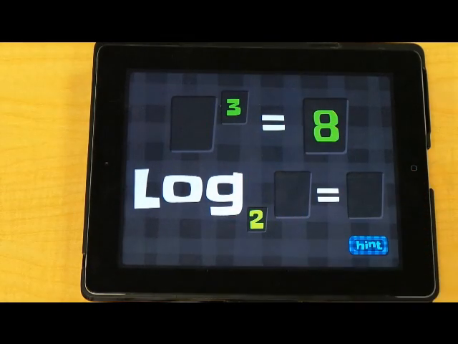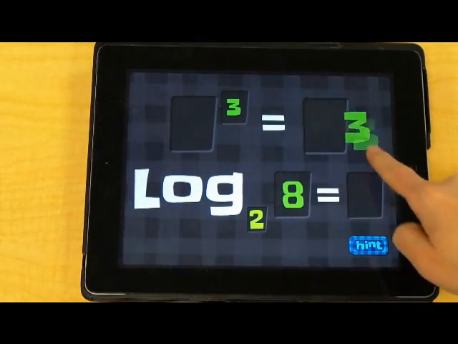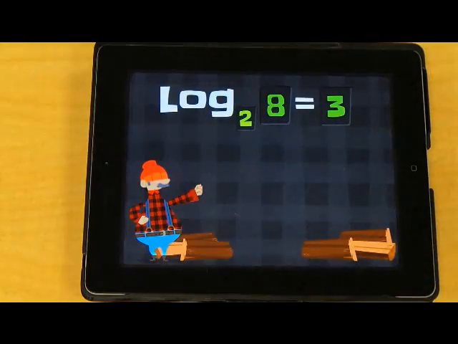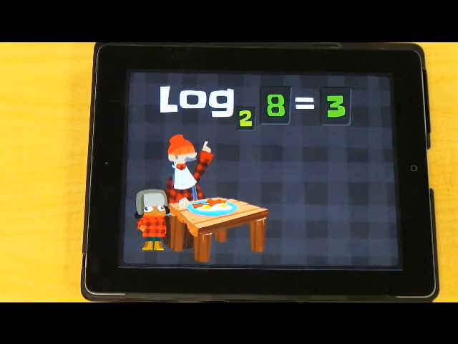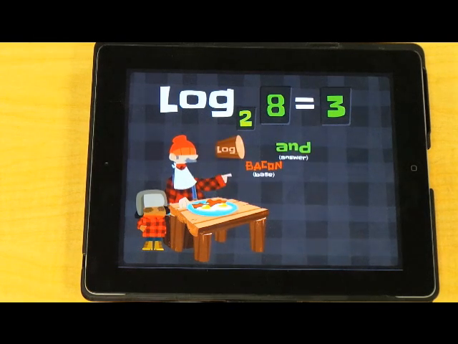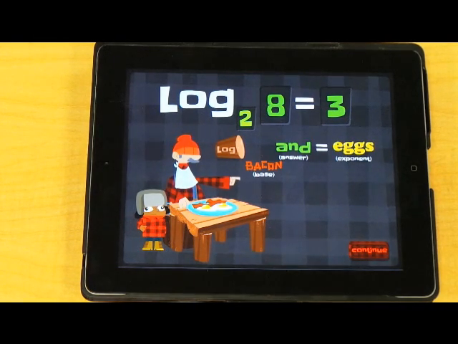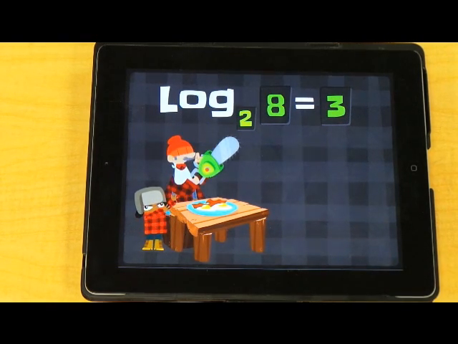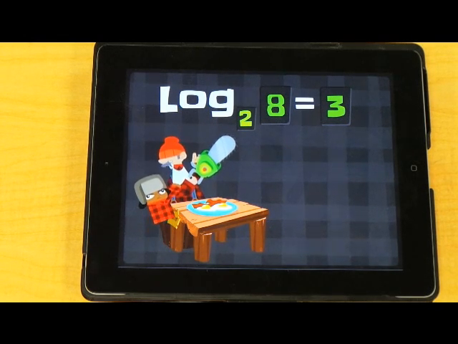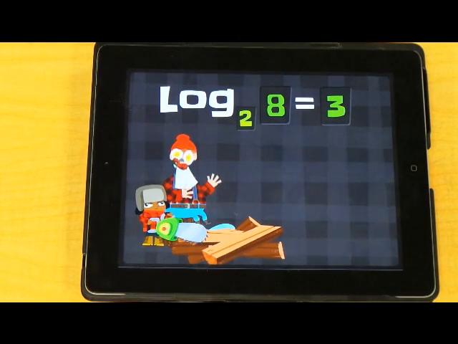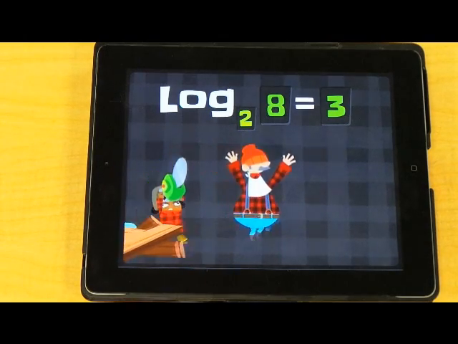So the base stays the base, the answer moves over, and the exponent is the new answer. That's right! The way to remember log form is to think of bacon and eggs.